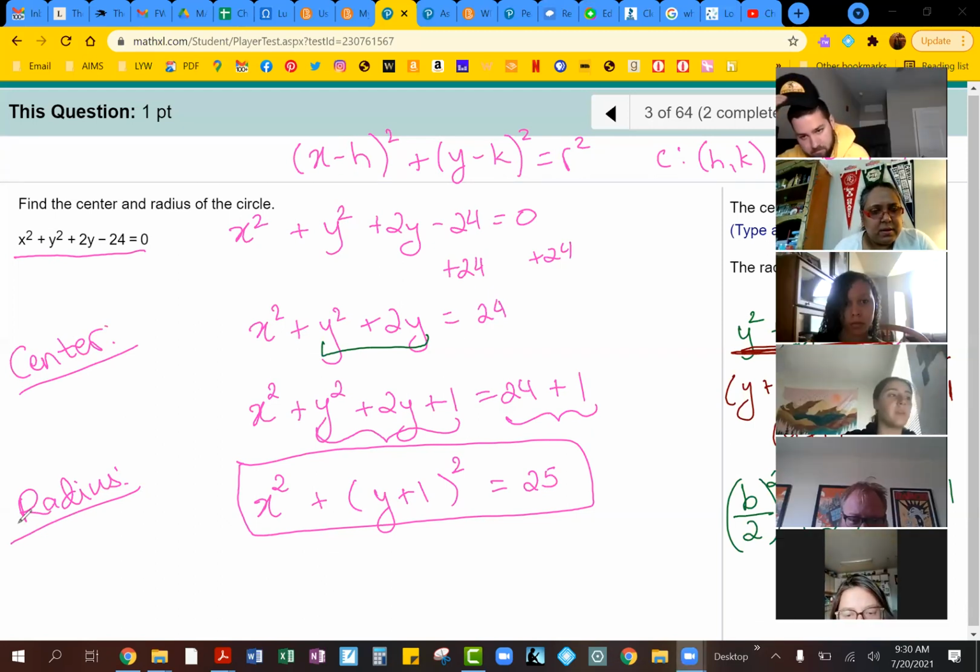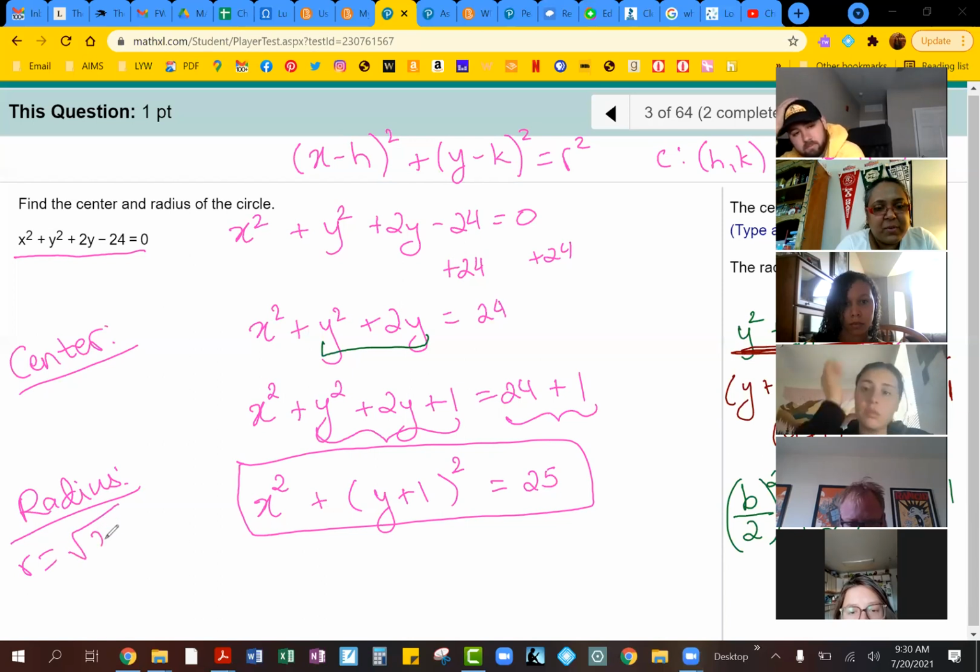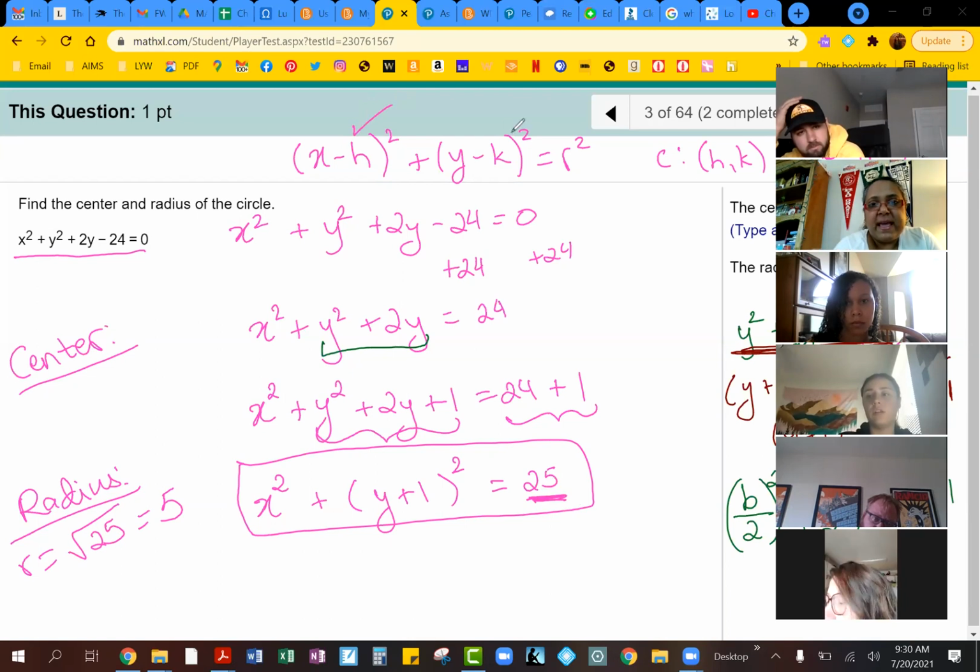The radius will be 5 and the center will be (0, -1). Very nice. Yeah, so remember, you take the square root of that 25 on the other side to get the radius. So that's where the 5 comes from. So taking the square root of the constant term. And then remember, those h and k values give you the center.